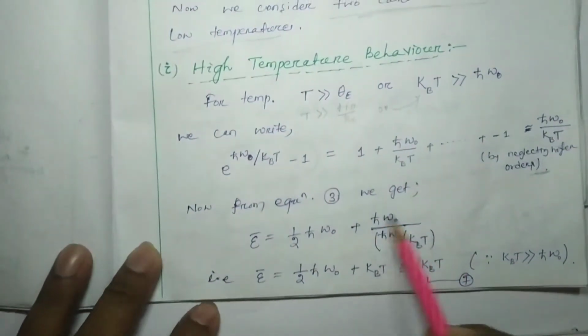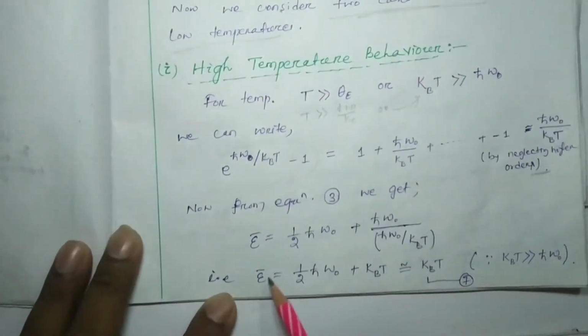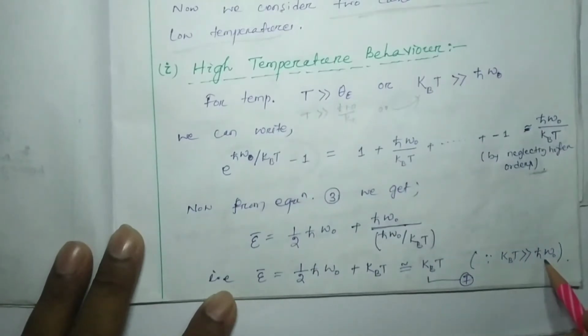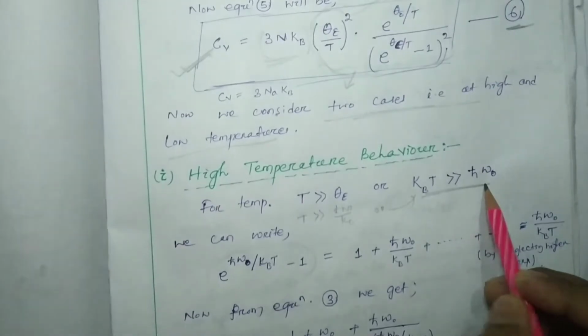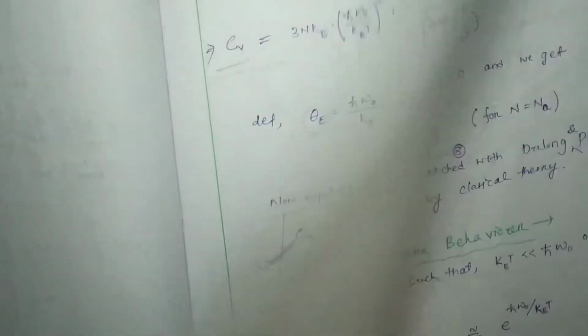Here h cross omega 0 cancels, and we find approximately kBT, because kBT is greater than h cross omega, as we considered. So this is equation number 7: the average or mean energy of a single harmonic oscillator is kBT.